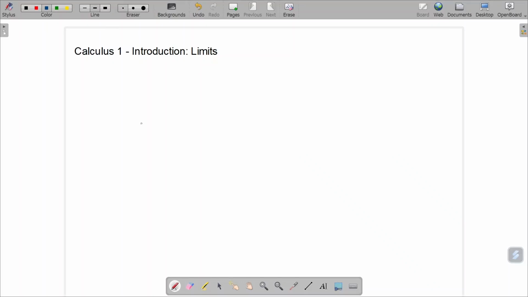So the first thing I'd like to introduce you to is a piece of notation that looks as follows. What this piece of notation says is the limit, LIM is the abbreviation for what we call a limit.